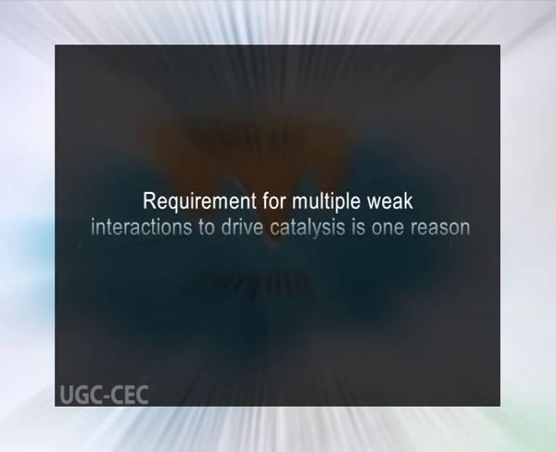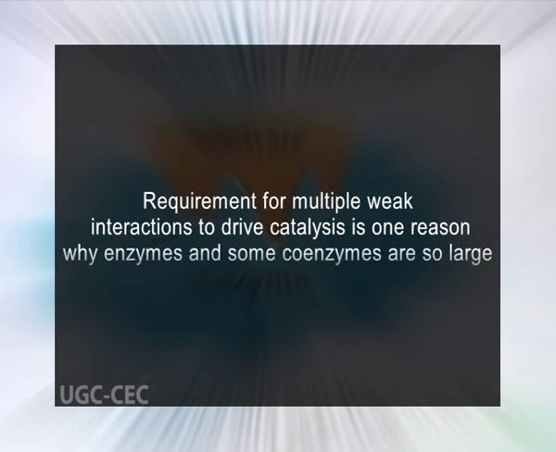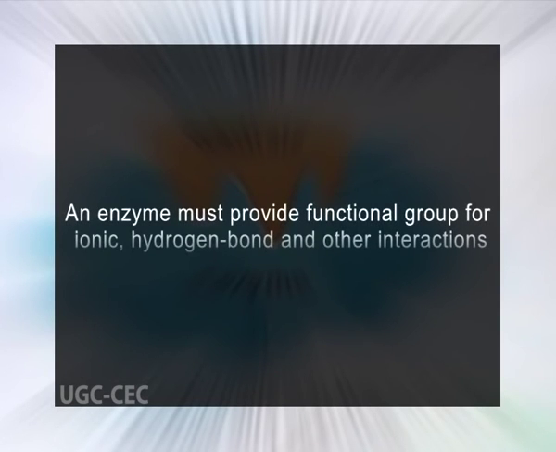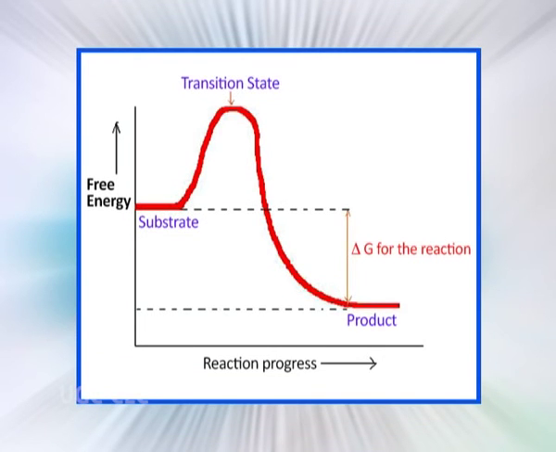The requirement for multiple weak interactions to drive catalysis is one reason why enzymes and some coenzymes are so large. An enzyme must provide functional groups for ionic, hydrogen bond and other interactions, and also must precisely position these groups so that binding energy is optimized in the transition state.